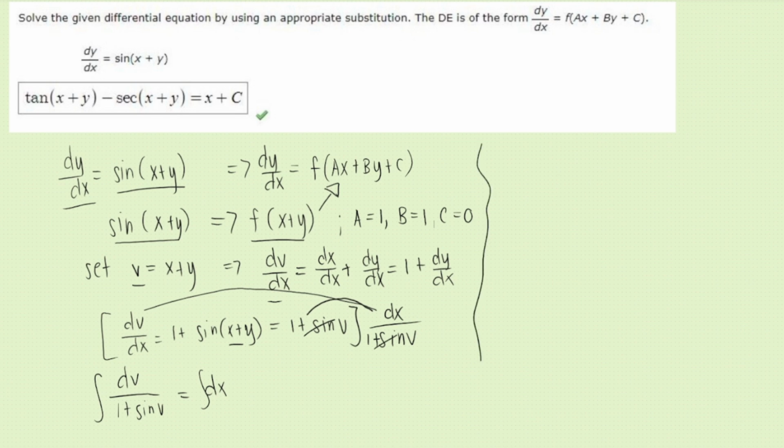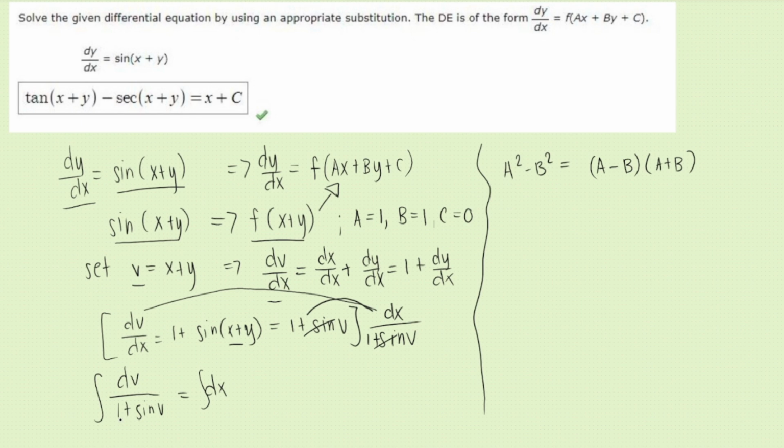But how do you integrate this one? The integral of dv over 1 plus sine v. We take a look back at the difference of two squares, a squared minus b squared. The formula when you factor this difference of two squares is a minus b times a plus b.